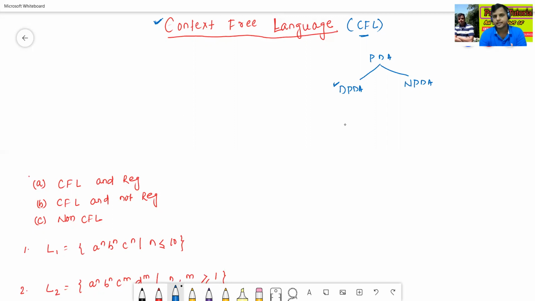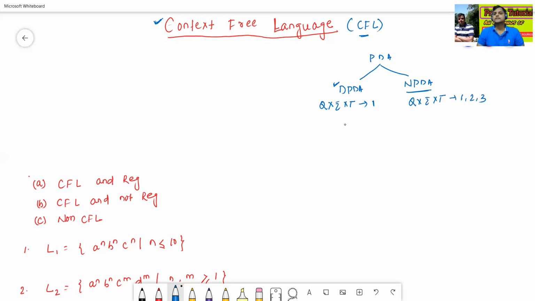In case of deterministic push-down automata, for one input, the output is always one, meaning only one operation. But in case of NPDA, for one input, the output may be one, maybe two, maybe three.